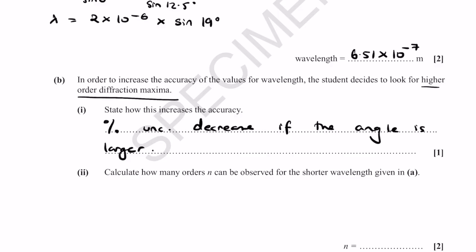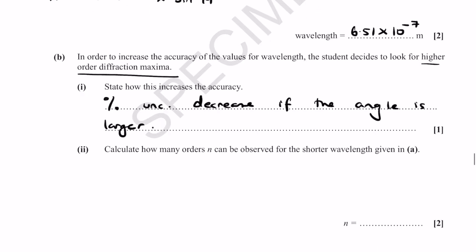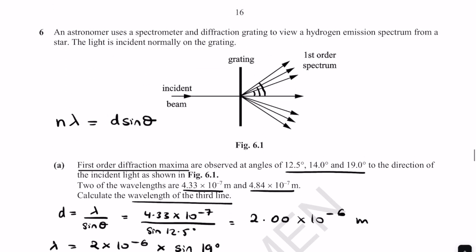Calculate how many orders n can be observed for the shorter wavelength given in A. The maximum angle is 90 degrees, so you can have as many lines as possible in between, at 90 degrees.